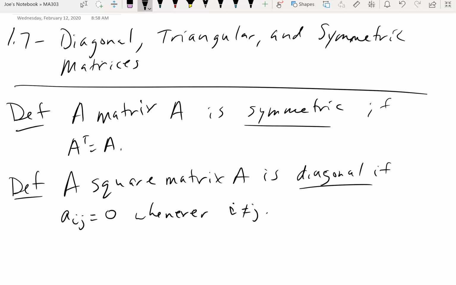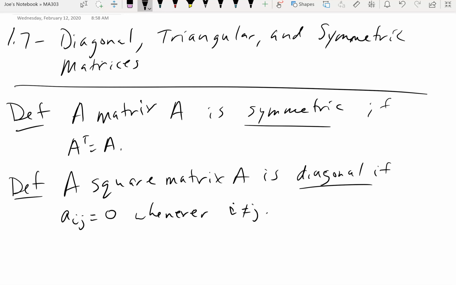So writing that in terms of the entries. Now notice that you can be a diagonal matrix and still have a zero on the diagonal. This just says that whenever we're not on the diagonal, so whenever i is not equal to j, then the entry has to be 0.